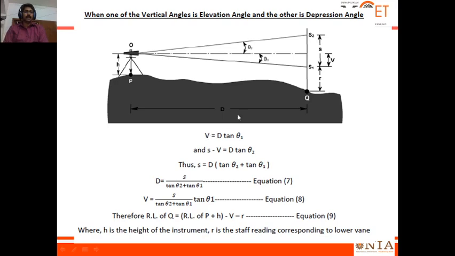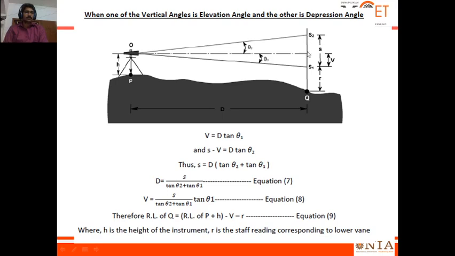So from the bottom triangle, tan theta 1 is equal to V by D, so V is equal to D tan theta 1, and in this case tan theta 2 is equal to the opposite side by D.